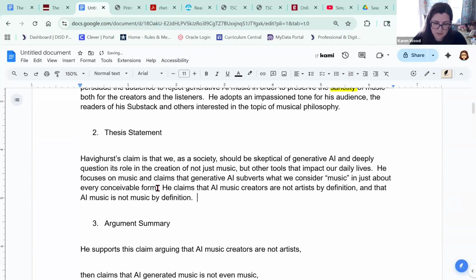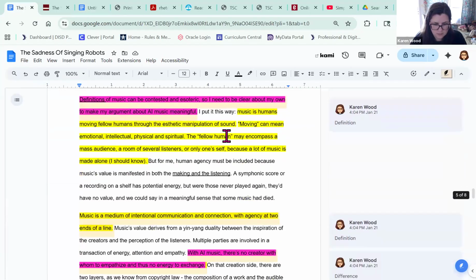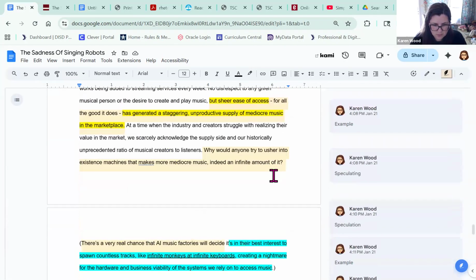Again, I'm going to look at this because I feel like this is a little redundant, but it's fine for now. He also says that it's not even functioning in the way that music should function.